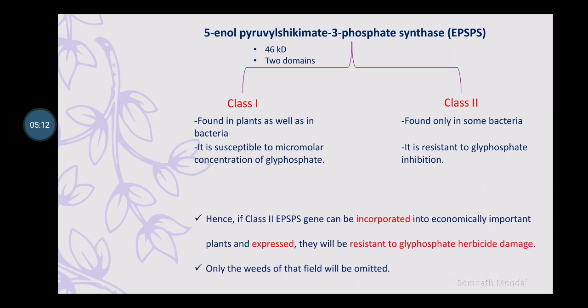Hence, if the class 2 EPSPS gene can be incorporated into economically important plants and expressed, then they will be resistant to glyphosate herbicide damage, and the weeds which are non-transgenic will be eliminated from the field.